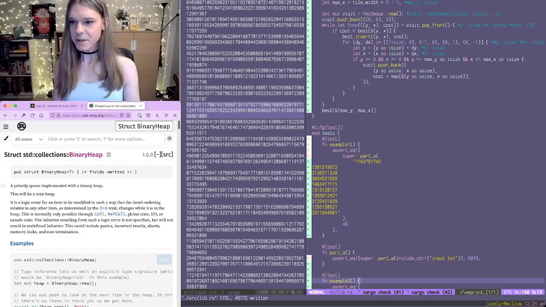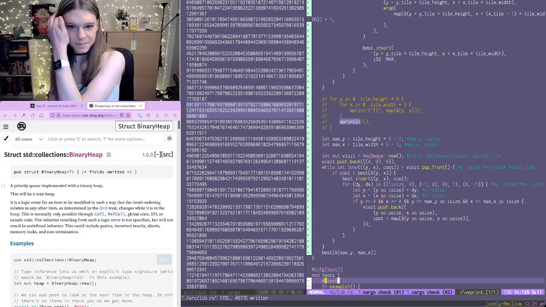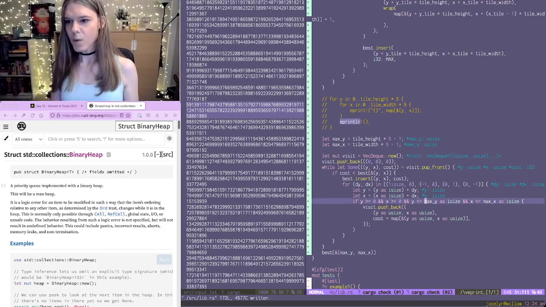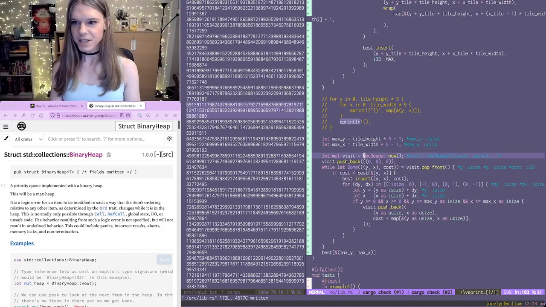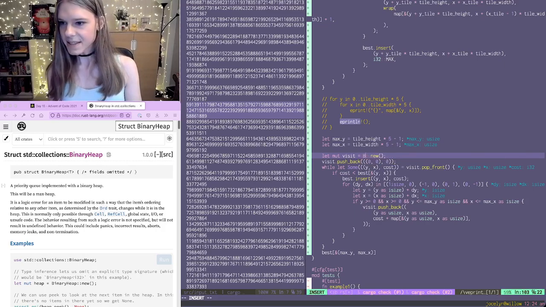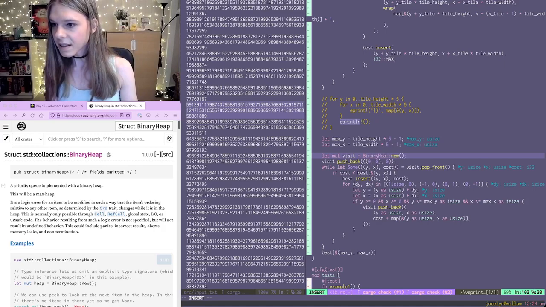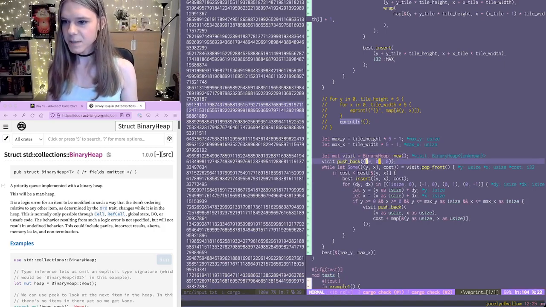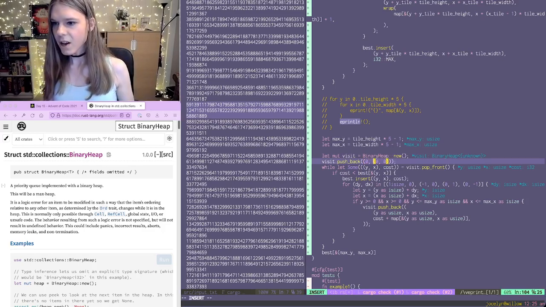Yep, and we see here part B is taking too long. So, well, I'm going to just start using a binary heap, start implementing that. So that this can just be sortable, we're going to put the cost first.